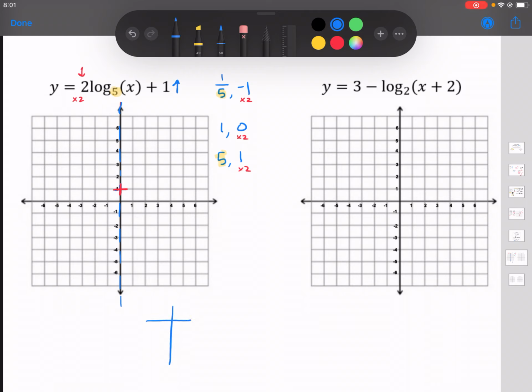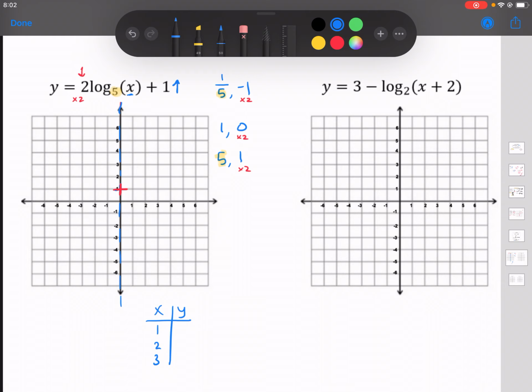If you're a table person, one tricky part about table is you just need to make sure you know exactly where that asymptote is. Otherwise, you'll get a domain error. You're just going to plug things either to the right or left, whatever's going to make the argument positive. So in this case, 1 would give me a positive argument. So I could do like 1, 2, and 3. And you could plug those in.